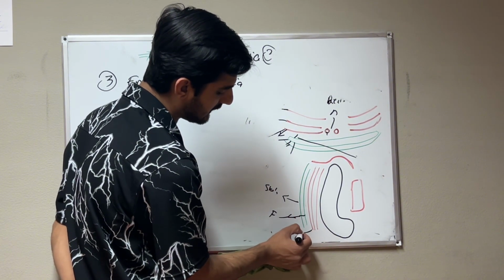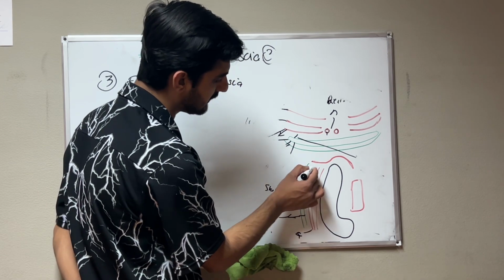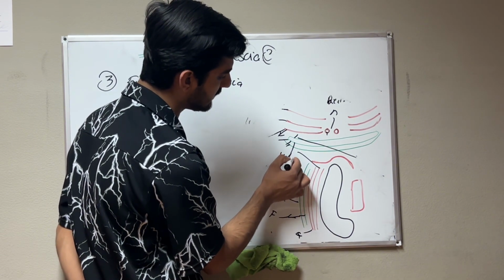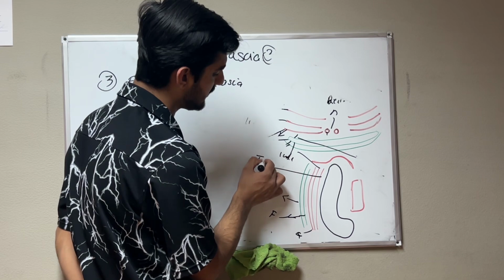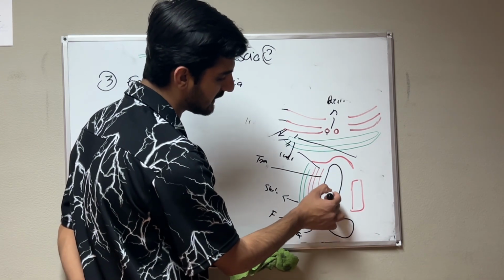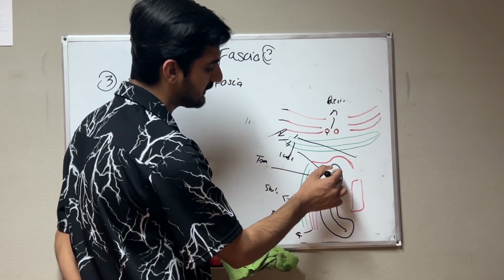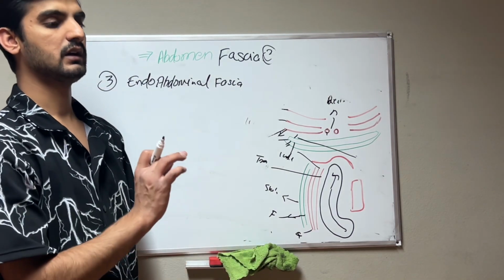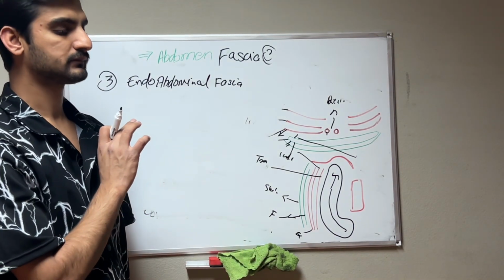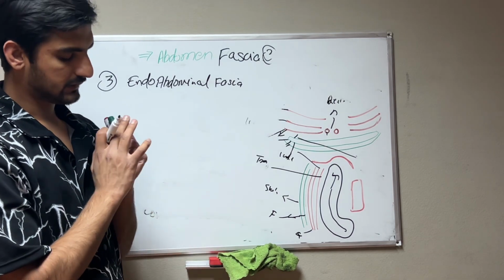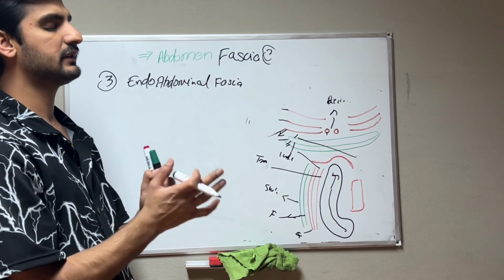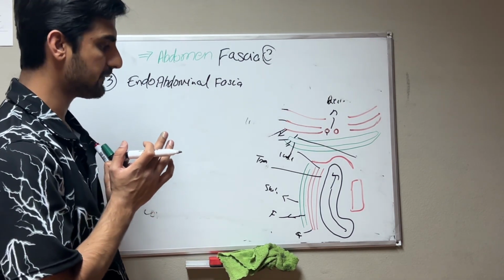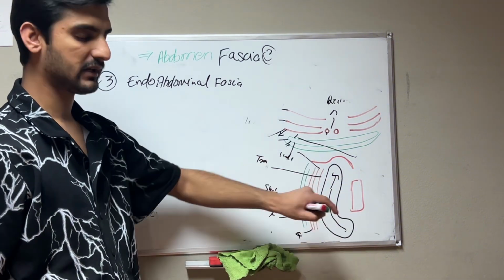This is the external oblique muscle, this one is the internal oblique muscle, and this is the transverse abdominis muscle. This is called the endoabdominal fascia, and its name we can consider according to the location. This whole is the endoabdominal fascia.